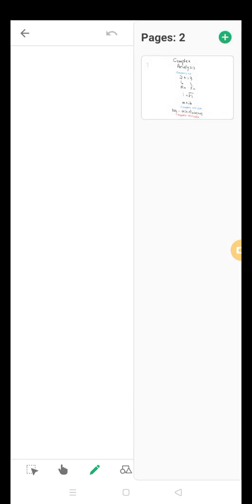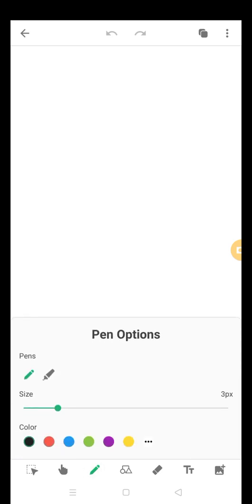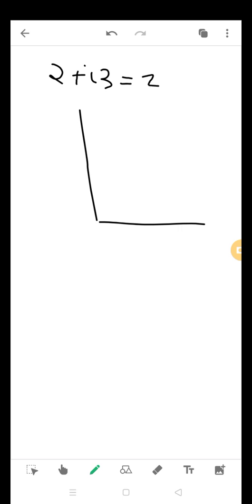Now a complex number can be written in polar form as well. For example, if we take this complex number 2 plus 3i and represent it graphically, say this is equal to z.